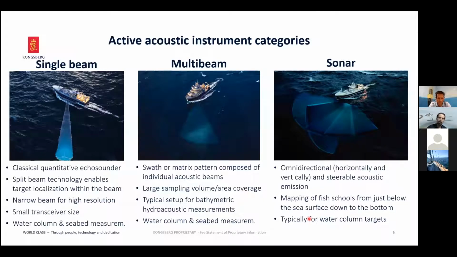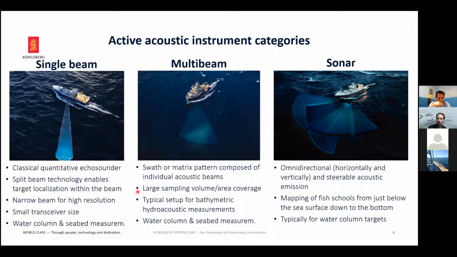This slide gives a little introduction to different acoustic techniques. As you can imagine, you have many different options and opportunities to get sound into the water, and with the different options, you have different properties. Let's start with a single beam configuration. A single beam configuration is usually a vertical beam pointing downwards. It's a classical quantitative echo sounder.